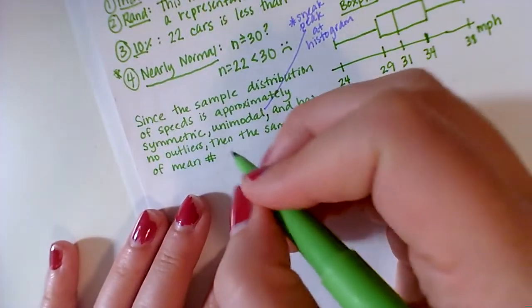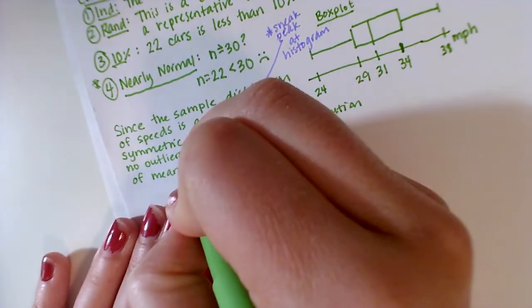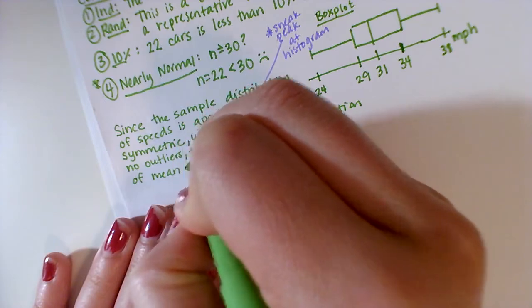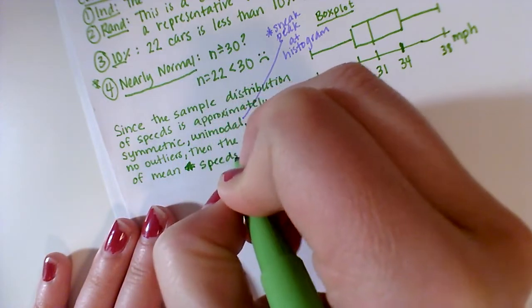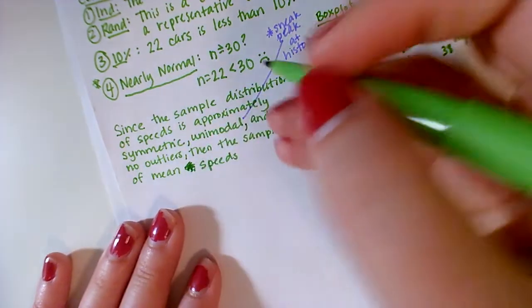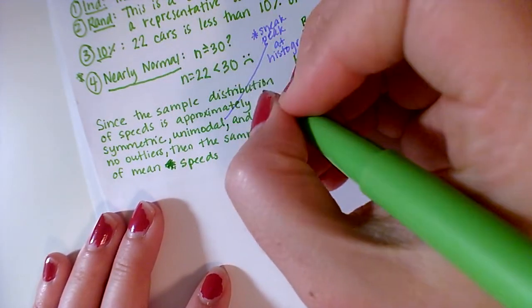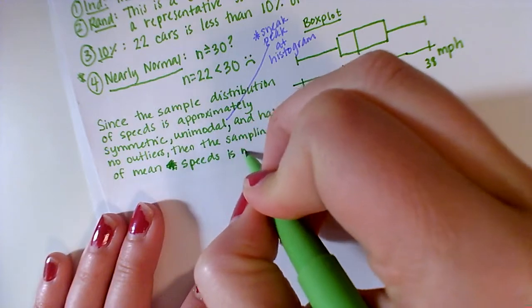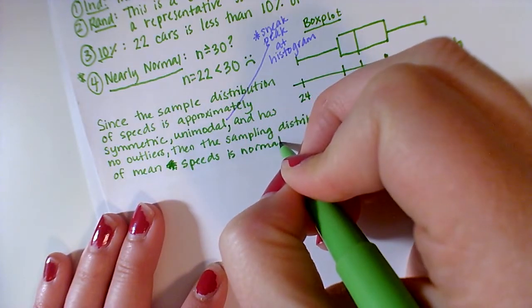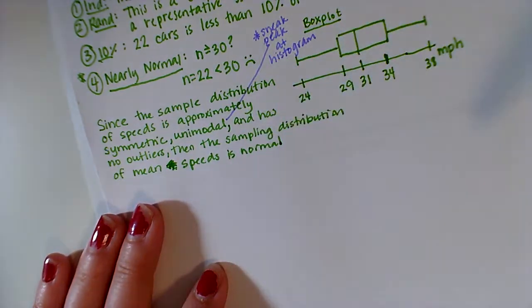I could say mean number of speeds, or I'm just going to go ahead and say mean speeds. And I'll talk a little bit about what this means. Oh, sorry, nearly normal.